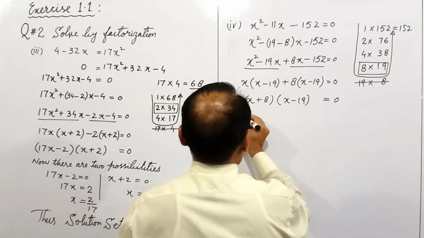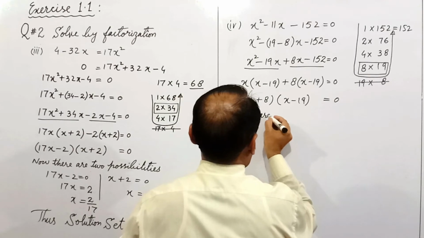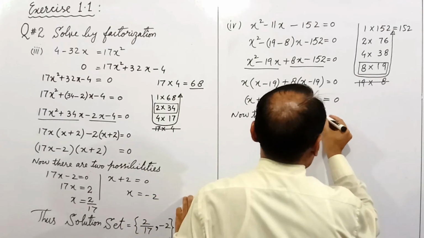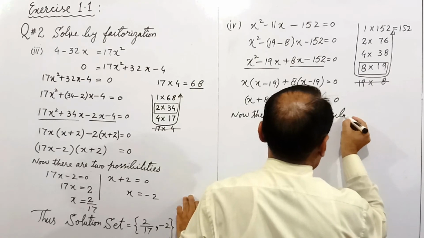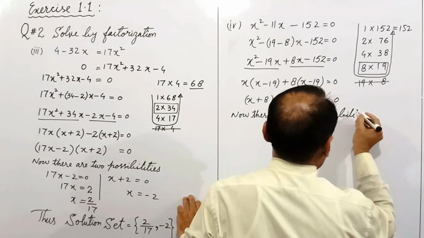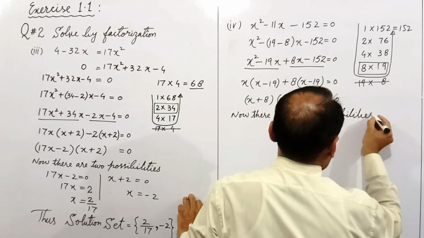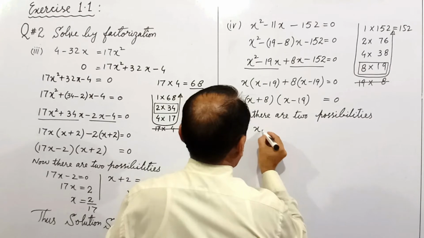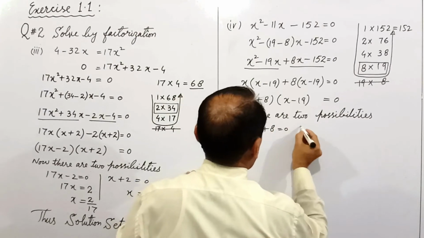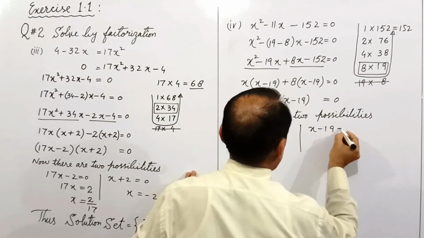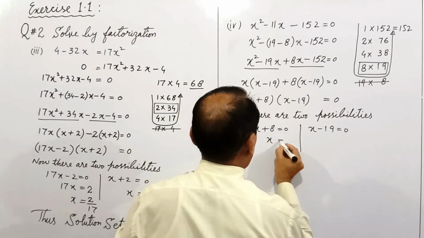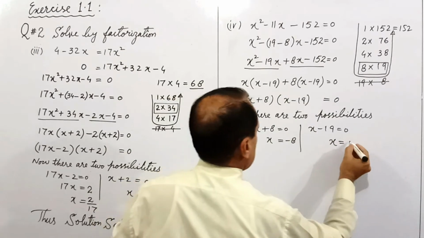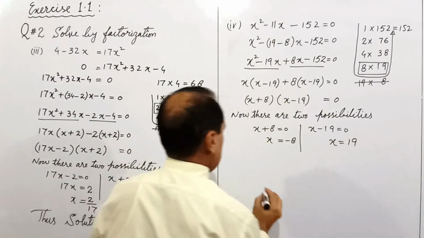Now there are two possibilities, that is x + 8 = 0 and x − 19 = 0. 8 is taken to the right hand side, it becomes minus 8, and 19 is taken to the right hand side, it becomes plus 19.